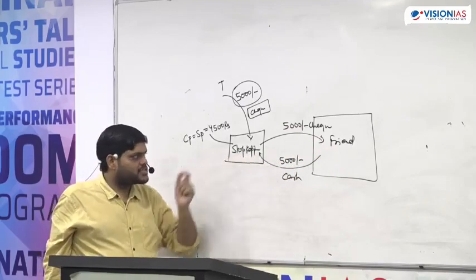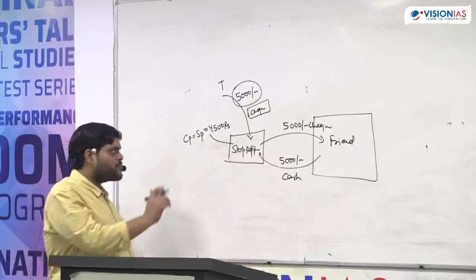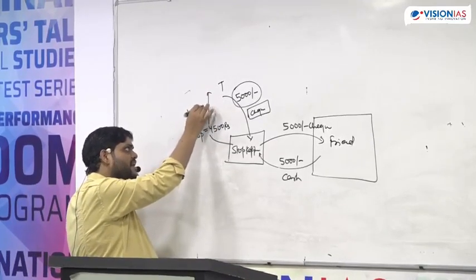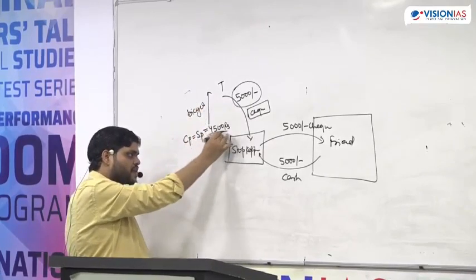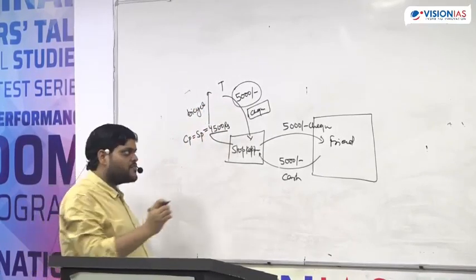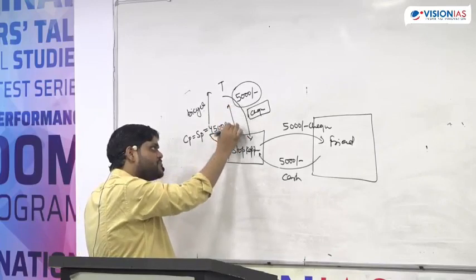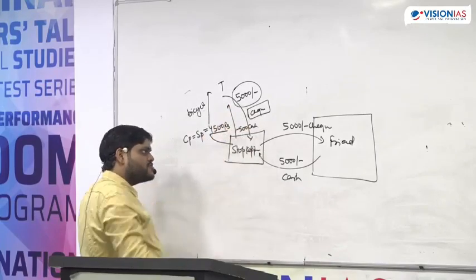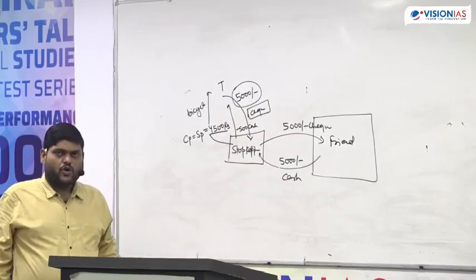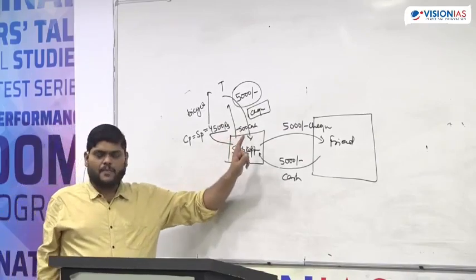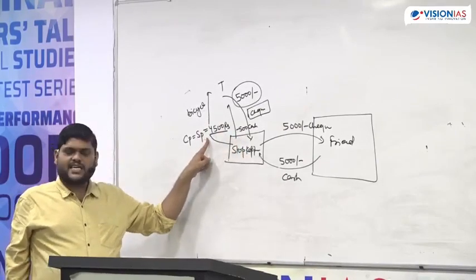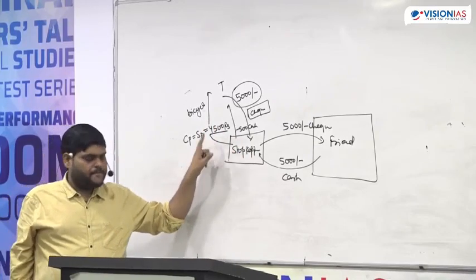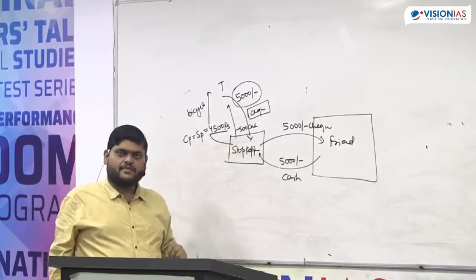Now the shopkeeper has given the bicycle of 4,500 rupees to the tourist. Along with that, he has given 5,000 rupees as cash also. Why 5,000 rupees as cash? Because the cost of the bicycle is only 4,500 rupees. Okay? Till now everything is clear.